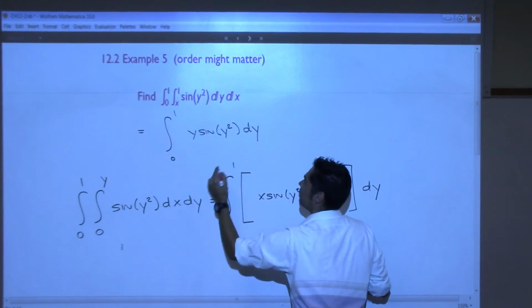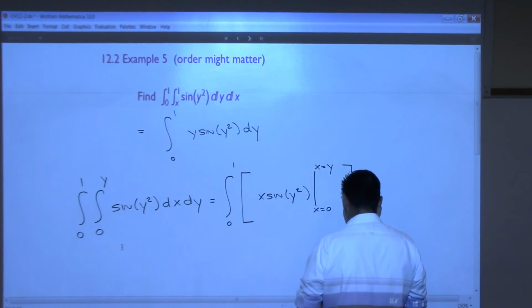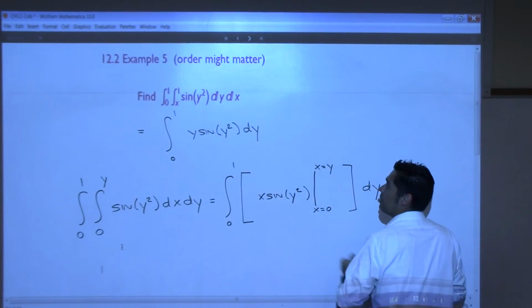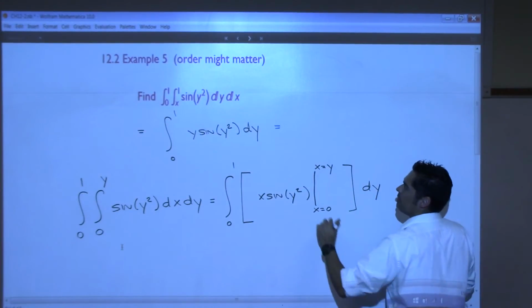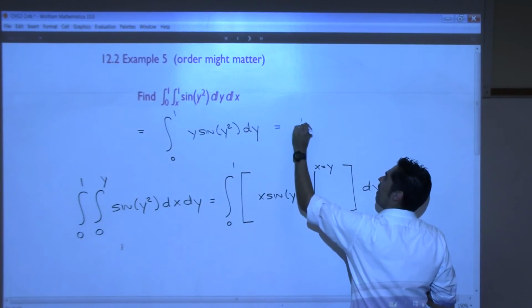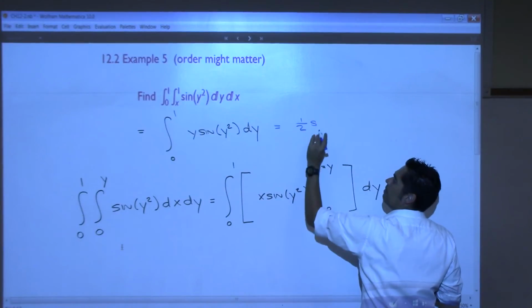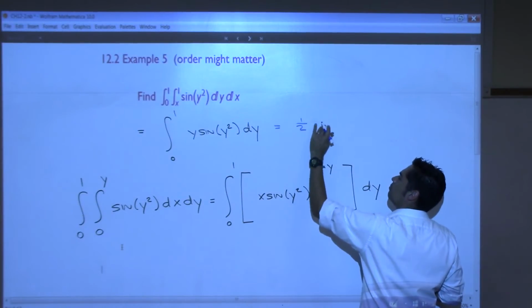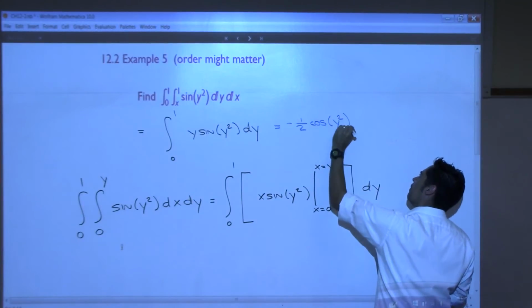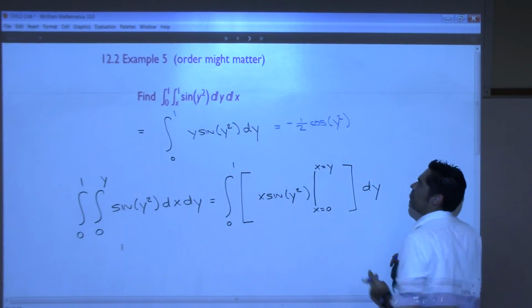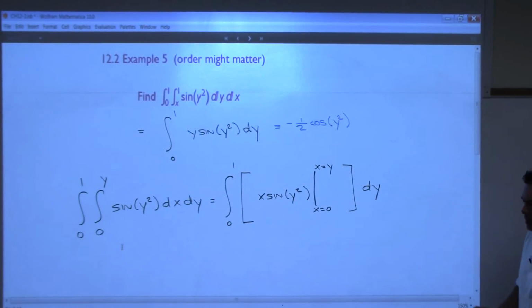You've got it basically. So this becomes, I'm not going to go through the integration. I'm just going to expect you can do it on your own, on this side if you need to. This becomes negative 1/2 cosine y squared. That's your antiderivative. Shall we check it real quick to make sure it is?